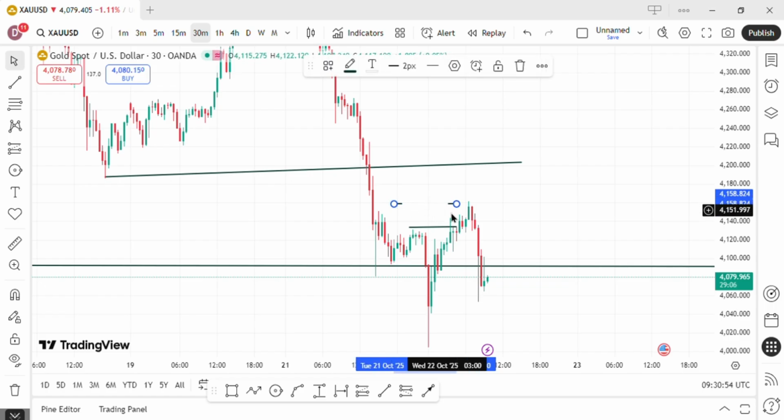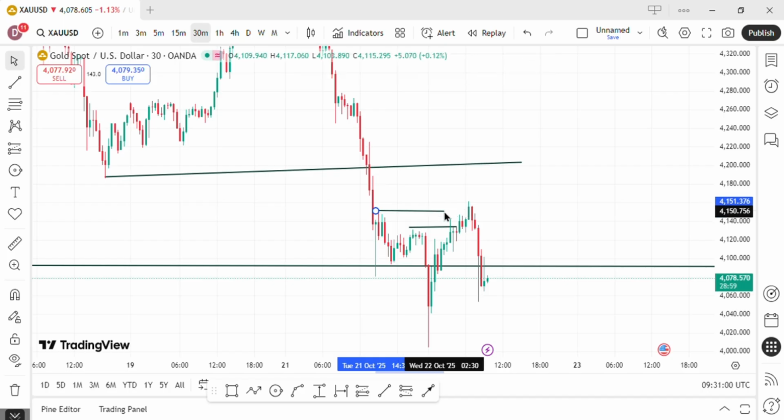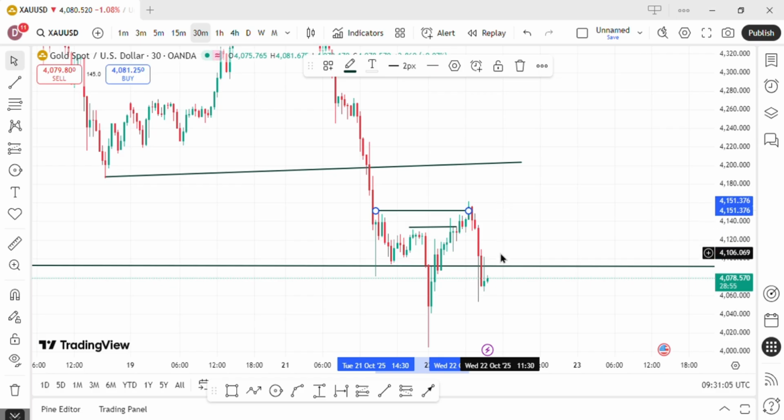You get it. So it broke this one as well. Went to the upside and came back down again. But I'm expecting it to move up.